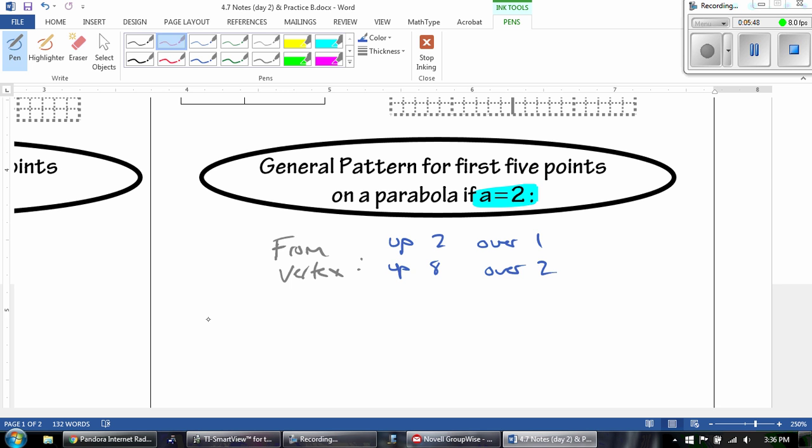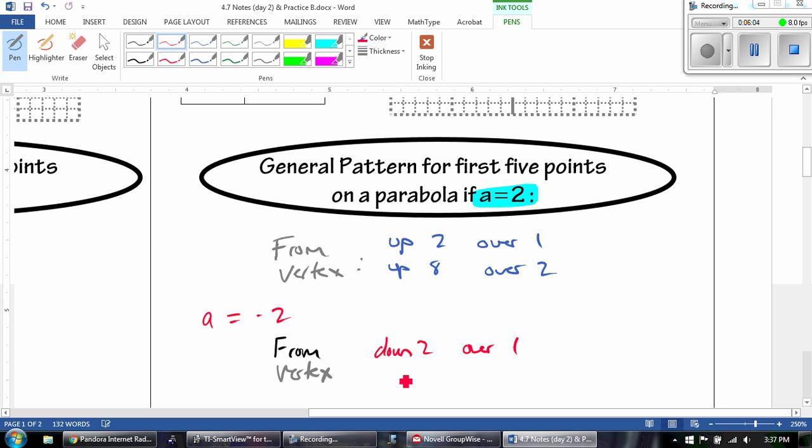And then we would do the same thing if a equals negative 2 from the vertex. We would just do the opposite. We would go down 2 over 1, down 8 over 2. Okay?